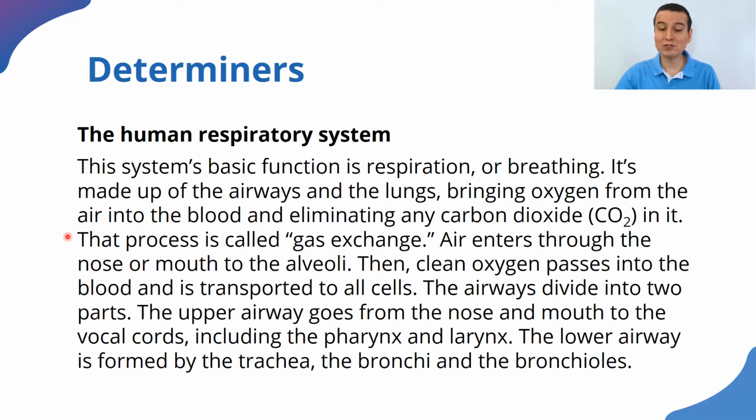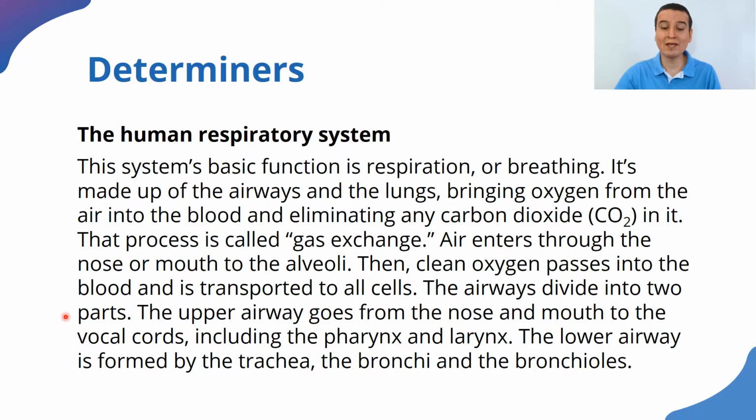Air enters through the nose or mouth to the alveoli. Then, clean oxygen passes into the blood and is transported to all cells. The airways divide into two parts. The upper airway, so the upper is the top part.